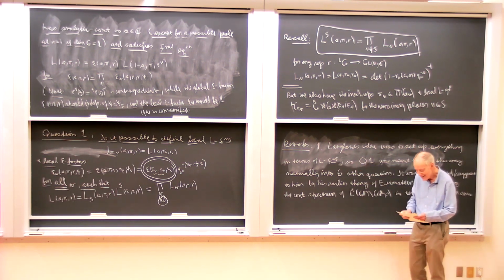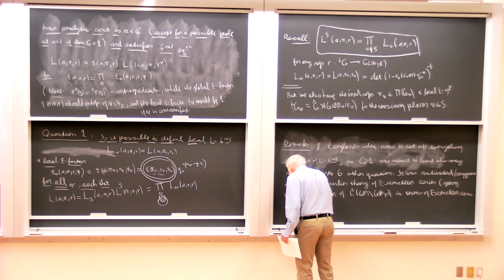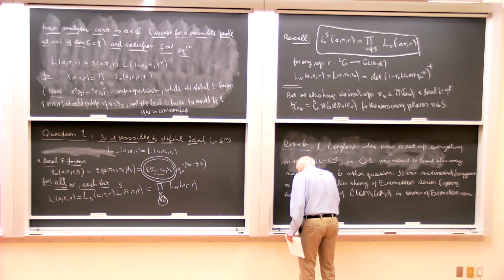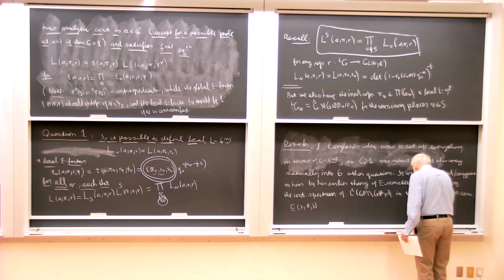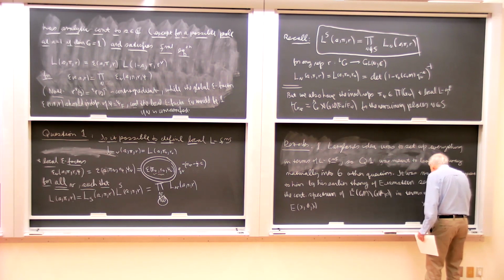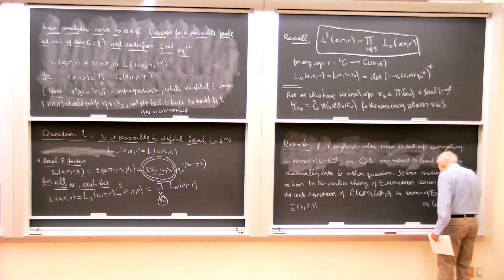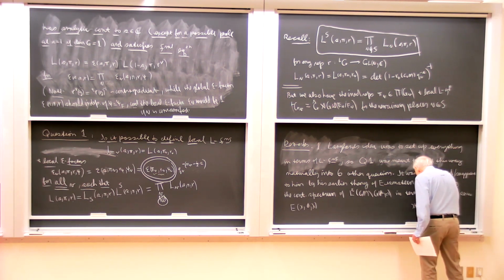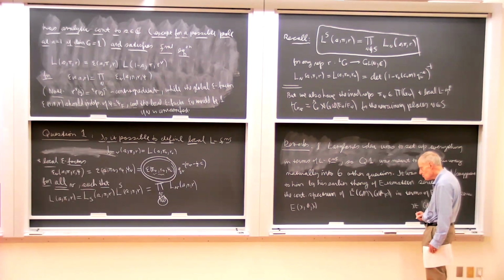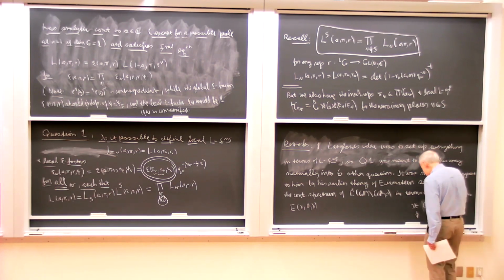Before any of this, I won't be talking about Eisenstein series in detail, but E of x, phi, lambda: x would be an element in GA, and phi would be an element in a representation space, an induced representation space.